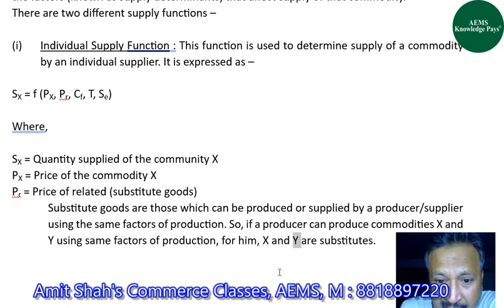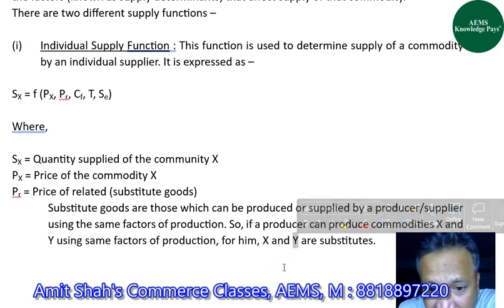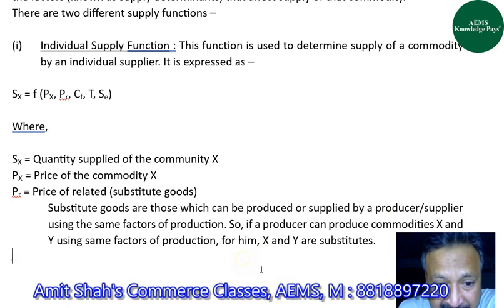What he will do is drop the quantity or reduce the production of X and produce more of Y. That is, with rising prices of Y, supply of X decreases and vice versa.